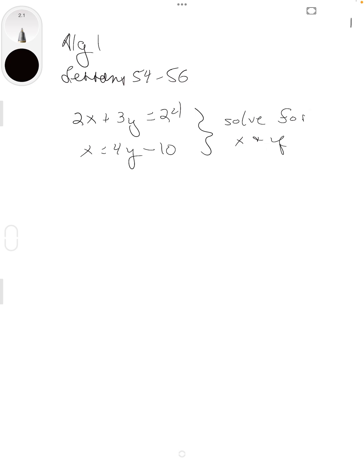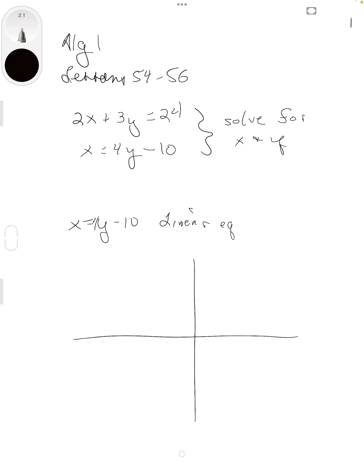If you remember an equation like this one, x equals 4y minus 10, I'll take that second equation. What does that represent? That's what we would call a linear equation. If I was going to draw it, it would be a line.